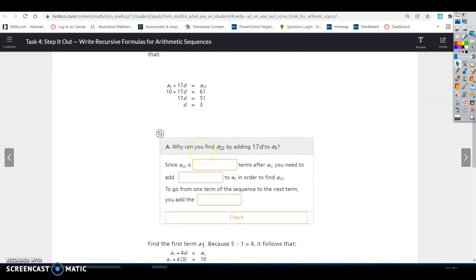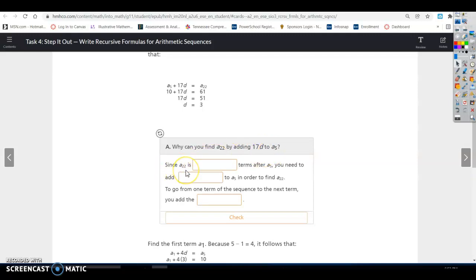Okay, so it says, why can you find a sub 22 by adding 17d to a sub 5? So how can we get this term? By adding our common difference 17 times from a sub 5.